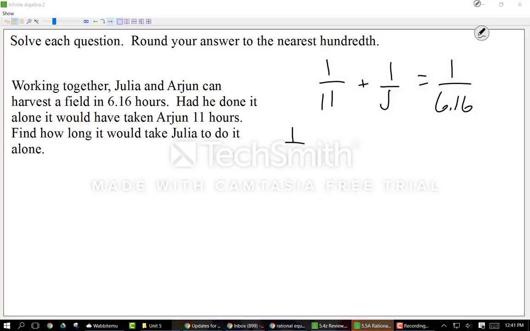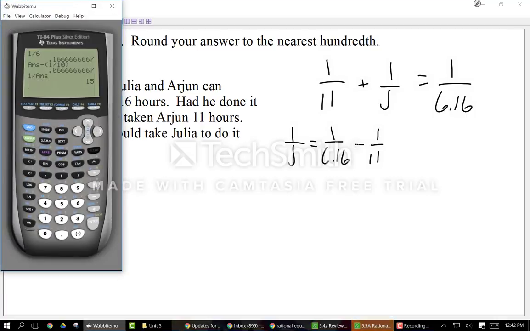So again, I want to move the 1 over 11 over. So I get 1 over 6.16 minus 1 over 11. Now let's use our calculator to calculate our values. So I get 1 divided by 6.16, which is some decimal, right? Then I'm going to subtract 1 divided by 11 from it.